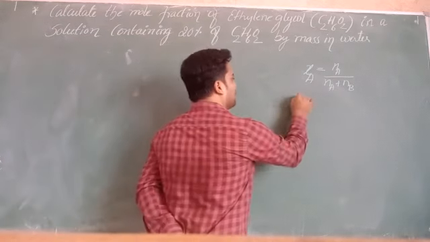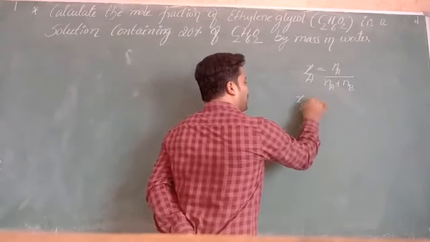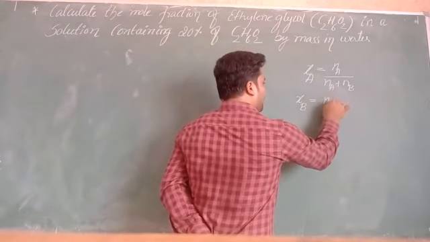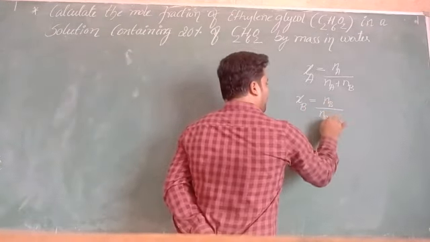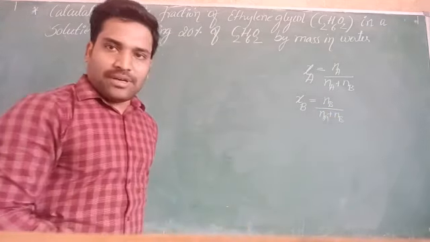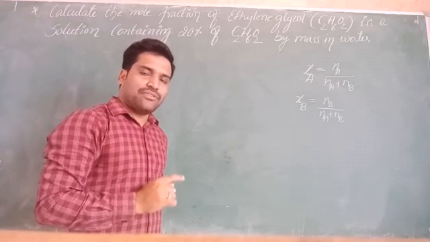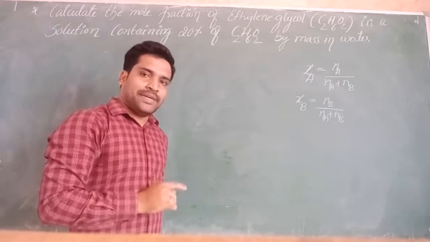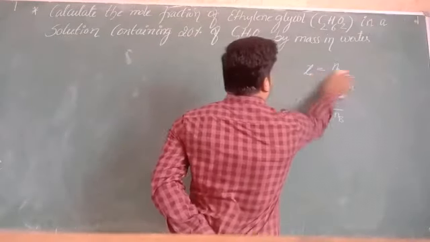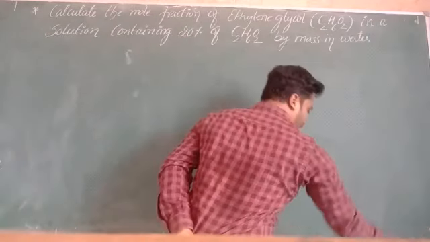So if you want to calculate the mole fraction of solute, that is Xb, then it is Nb divided by Na plus Nb. These are the formulas to calculate the mole fraction of component A or component B in a solution. Okay, so now they have given a problem.